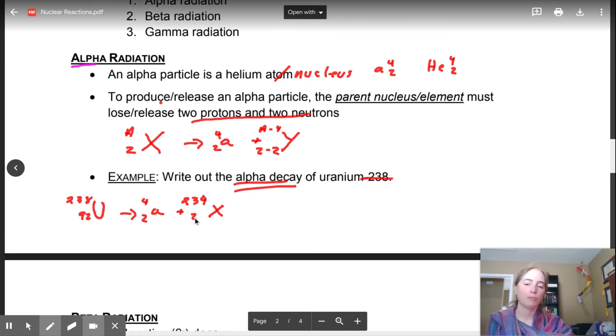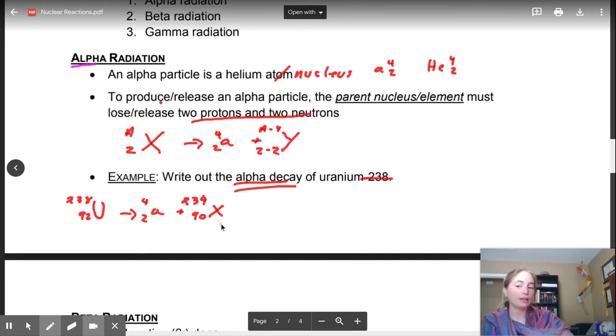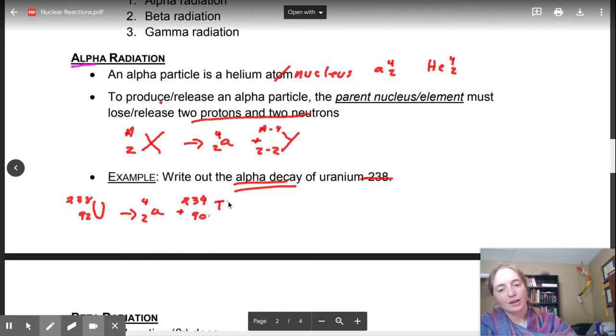Z here, 92 minus 2, gives you 90. So what's X? Go to your periodic table and find element number 90, and you're going to find TH. If I remember correctly off the top of my head, TH is thorium.